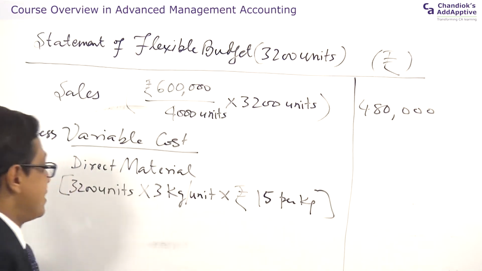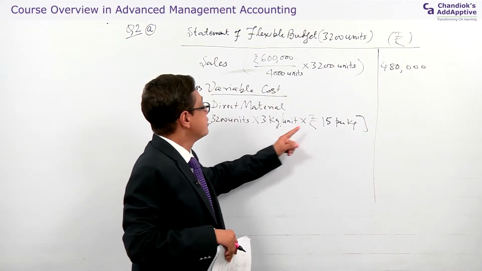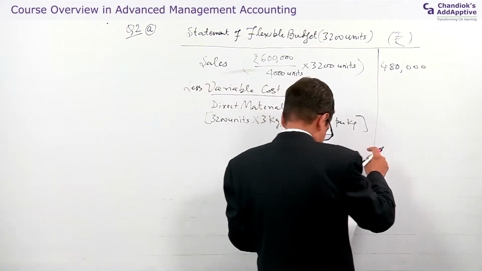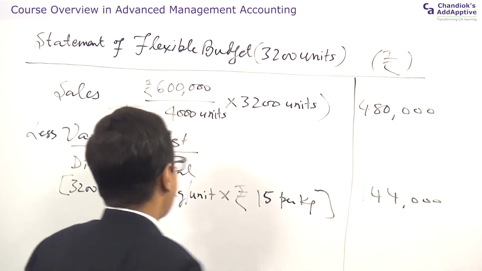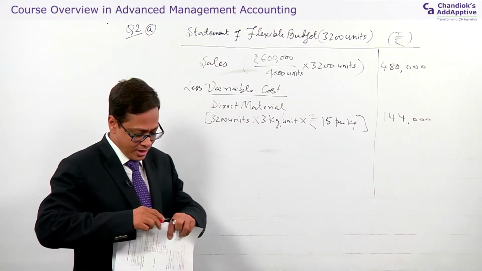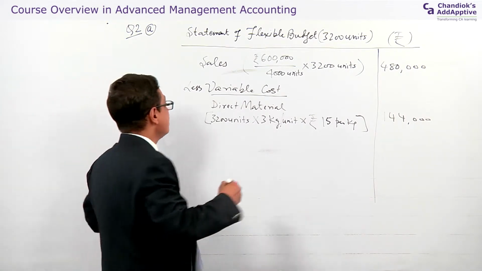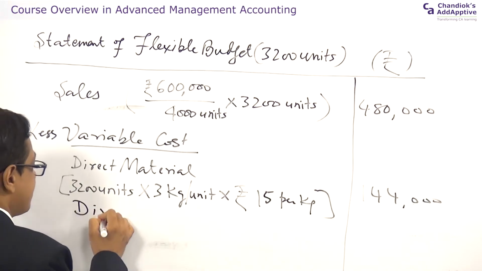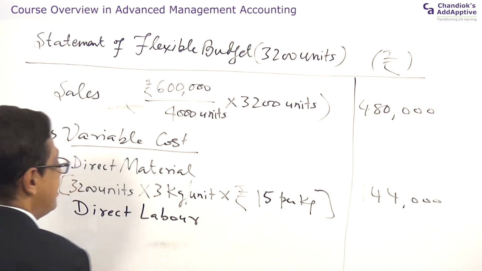So when you apply this, you get 9600 into 15, and this works out 1,44,000. So this is the direct material which comes out, right friend? So what is the next element we will be talking? We will be talking direct labor, another element which is coming under variable cost.